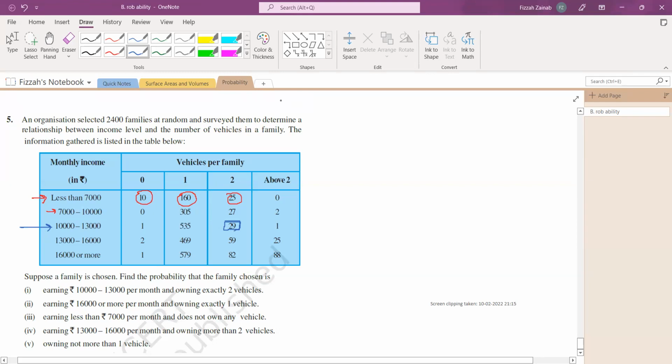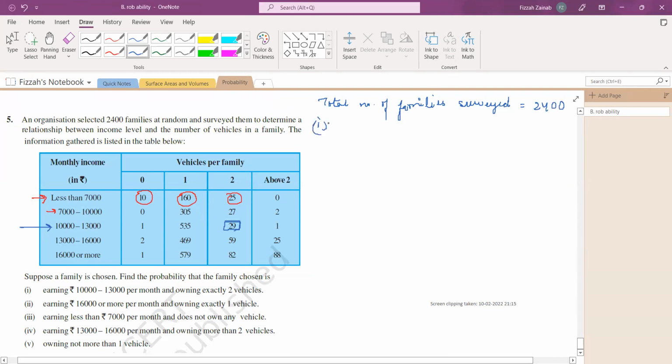Is this clear? First of all, write the total number of families in this case. Surveyed. So on how many families the survey is done? 2,400 are the total number of families, right? Now first part.